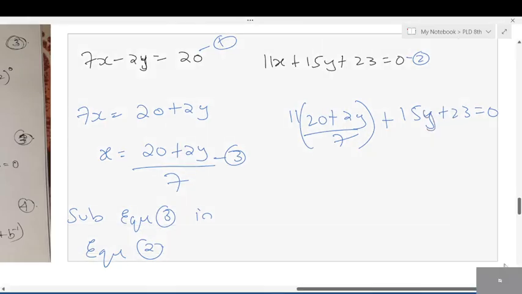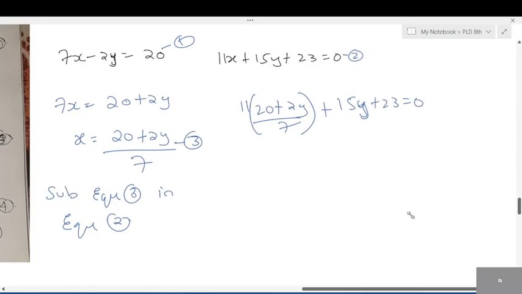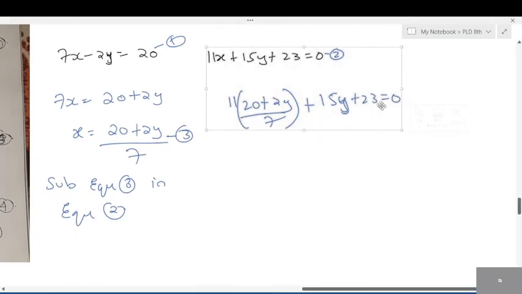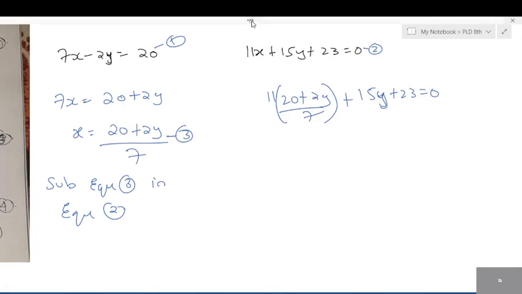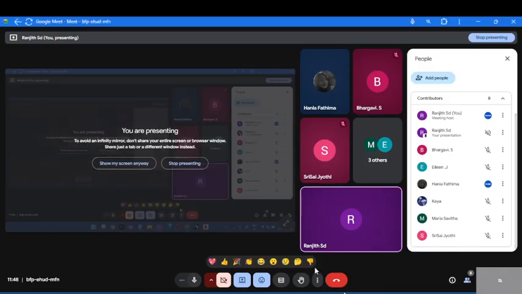Others, I think all of you completed. Ananya, yes, Ananya, answer from here. Next step. Is Ananya online? Yeah, answer this. Be quick, Ananya. What is 11 into 20? Why are you not responding, Ananya?